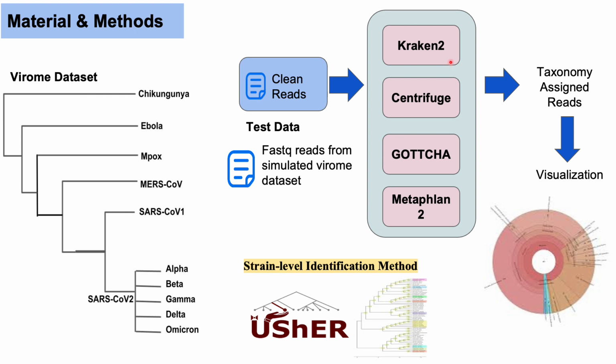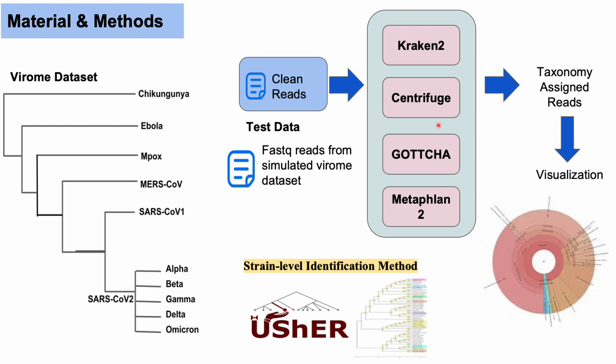Kraken2 uses a k-mer to lowest common ancestor mapping approach, whereas Centrifuge uses an indexing scheme based on the Burrows-Wheeler transform and Ferragina-Manzini index to create a compressed database for rapid classification. Gotcha is an alignment-based method, and MetaPhlAn2 uses a database of unique clade marker sequences.